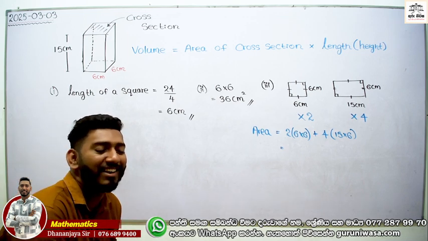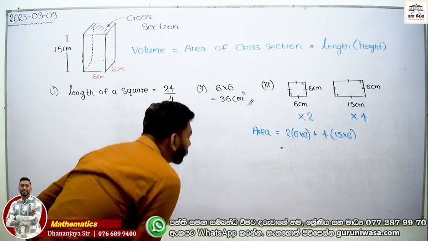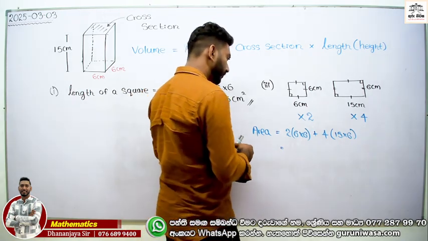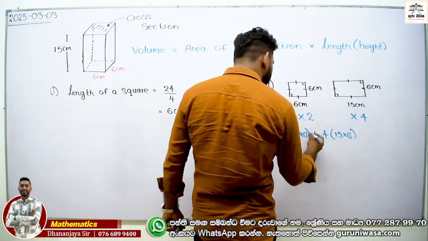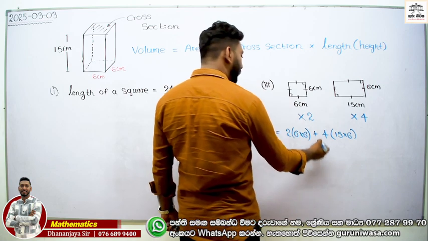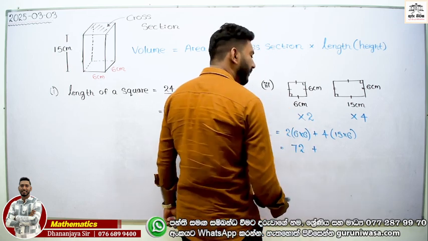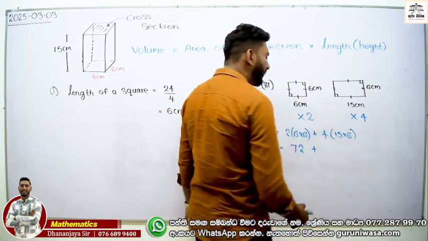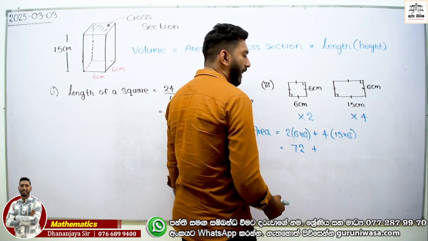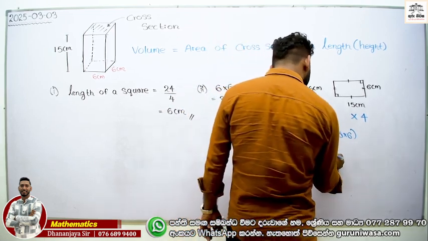Pranithu dial 396. Look at this. 6 times 6 is a 36. 36 times 2 is a 72. Plus 15 times 6 is a 90. And 90 times 4 is a 360.